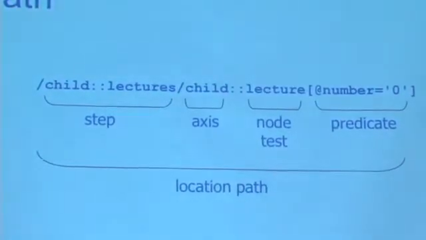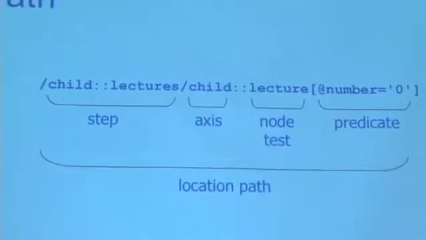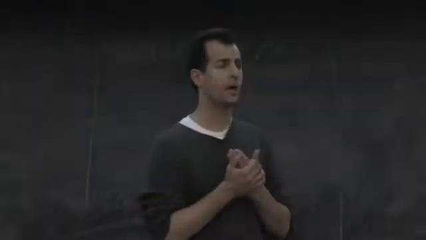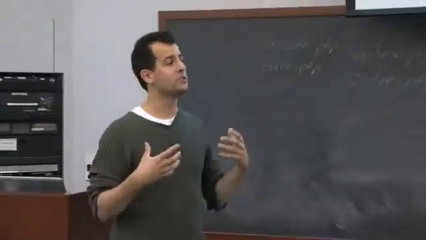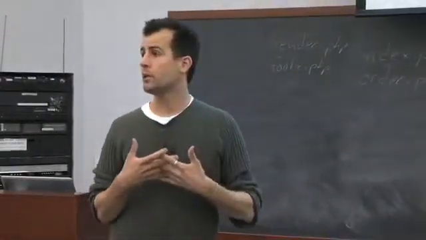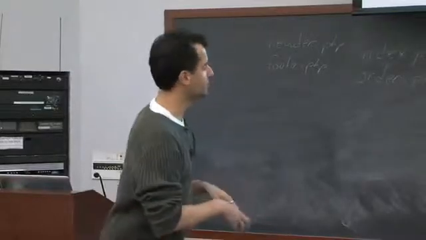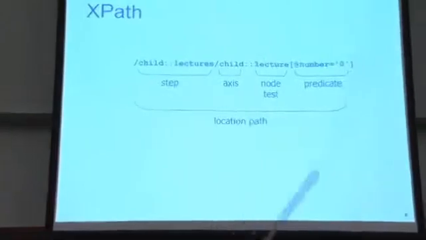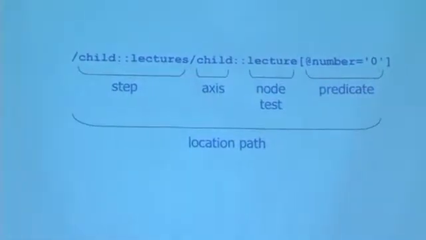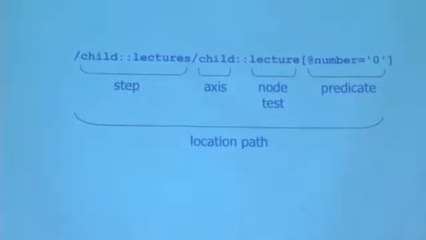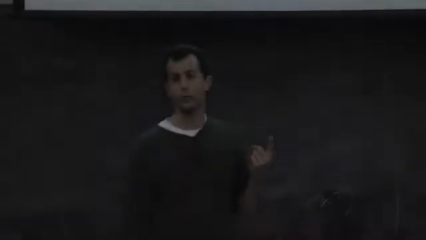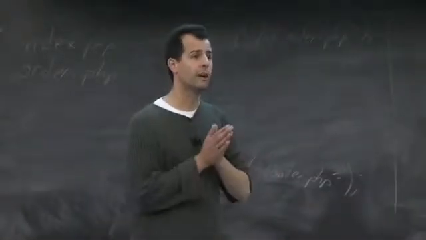If it equals 0, then go ahead and include it in the so-called result set. So XPath is all about getting a result set, a whole bunch of nodes together, and you get them back as a PHP array. So what does this do for us then? Well, I am essentially grabbing with this path here all of the lecture elements in the DOM whose number attribute is 0. Now, odds are, by construction of this document, I'm just going to get back an array with one element in it, and that's fine, but it will, in fact, be an array.